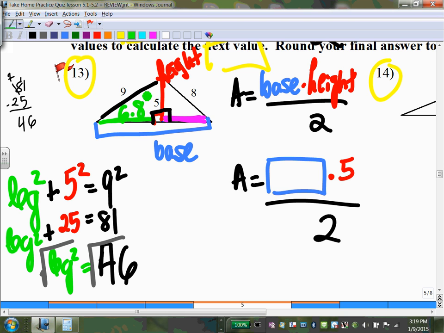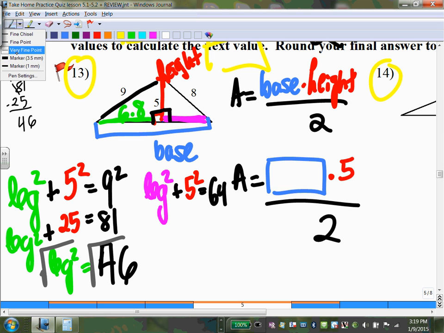Okay, now the other one is going to be like this, the pink. That's going to be leg squared plus 5 squared again equals now 64. So we have leg squared plus 25 equals 64.